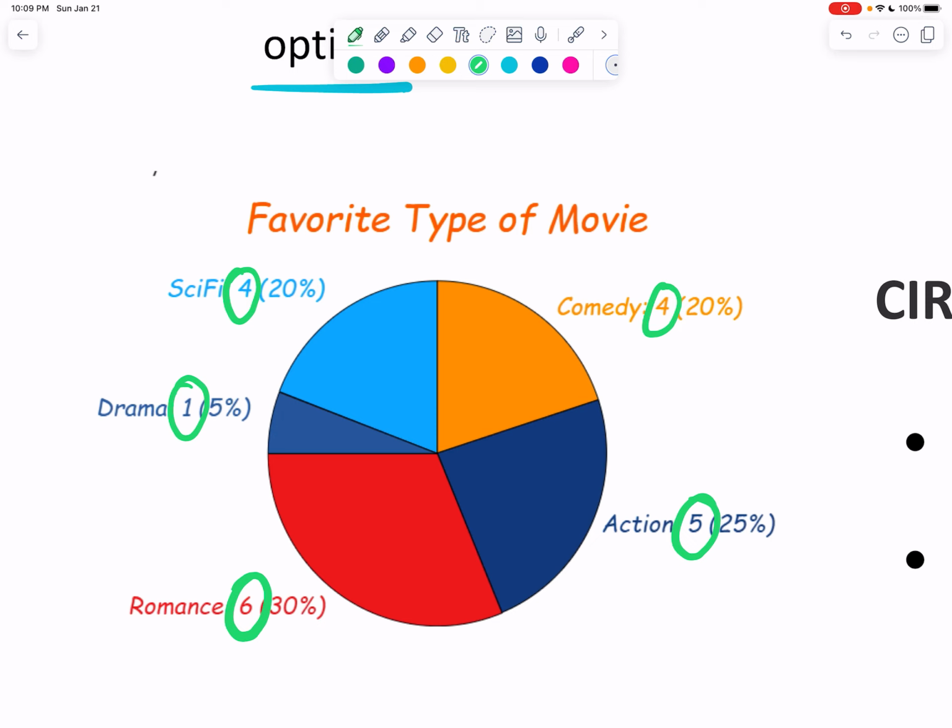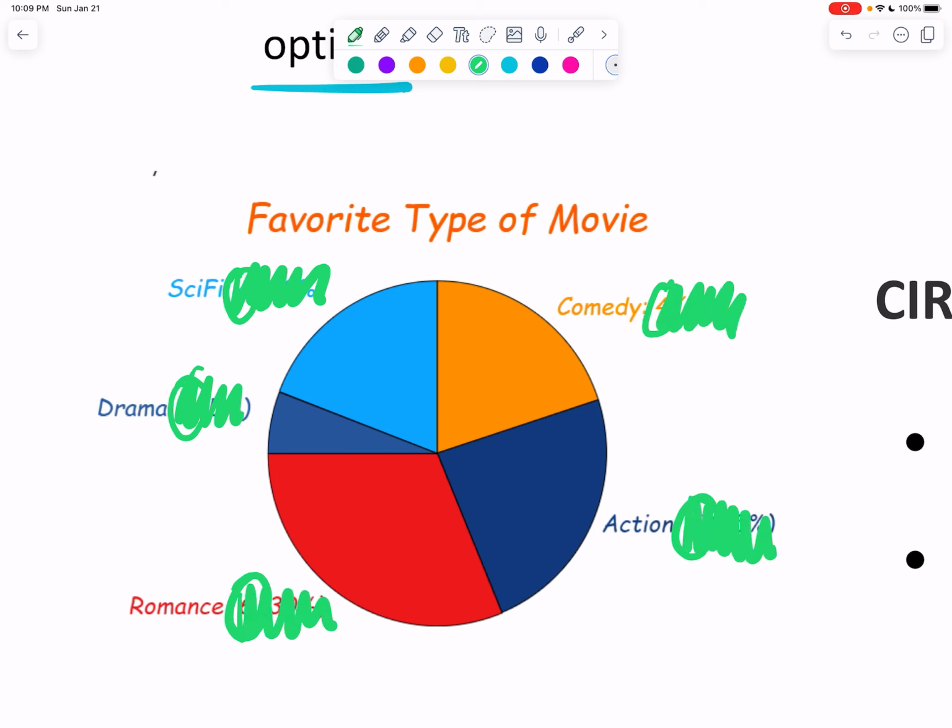Now, for the circle graph, this graph would be much worse if I didn't include this data. The reason is that when I'm looking at a circle graph, visually speaking, I can see which category is the most popular and which one is the least popular. But if I'm being quite honest, I have a hard time visually distinguishing between the light blue, which is sci-fi, the orange, which is comedy, and honestly, the action looks like it could be a similar size in my mind.